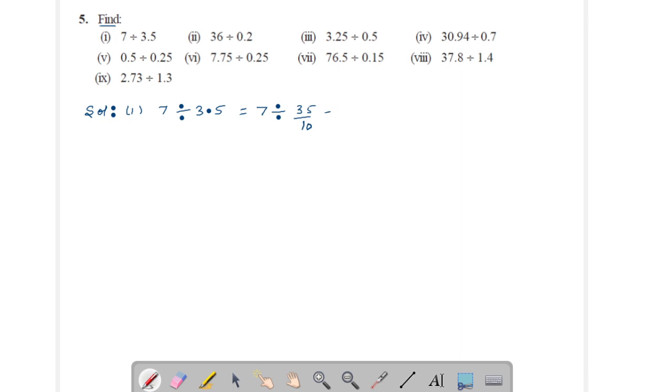Now change division into multiplication. 7 into the reciprocal of 35 upon 10, that is 10 upon 35. Here cancel the terms: 7 1 ja 7, 5 ja 35. Then 5 1 ja 5, 2 ja 10. Solve it, you will get 2. Your answer is 2.